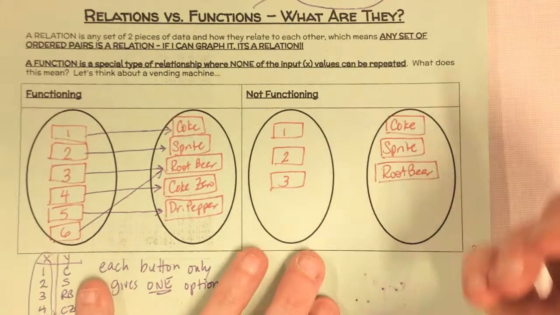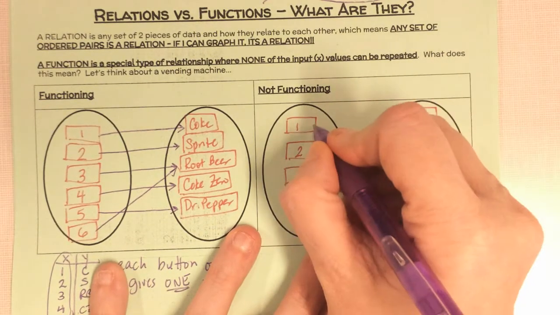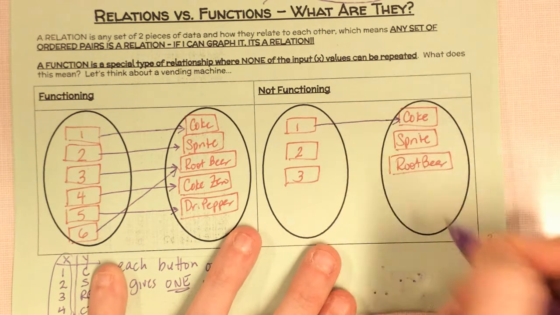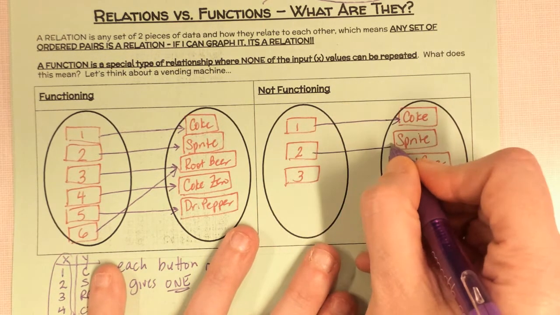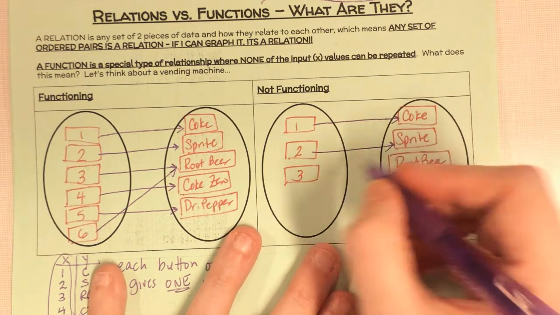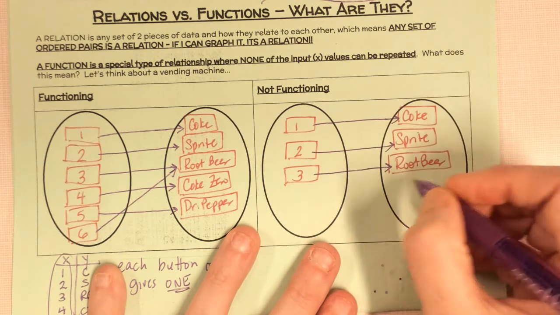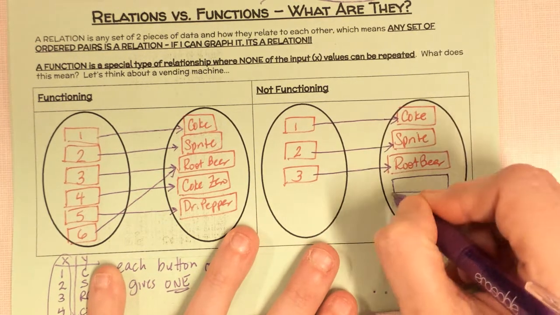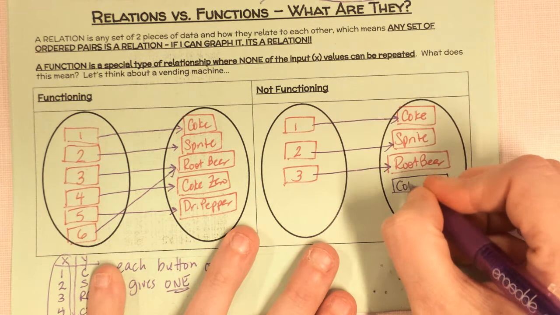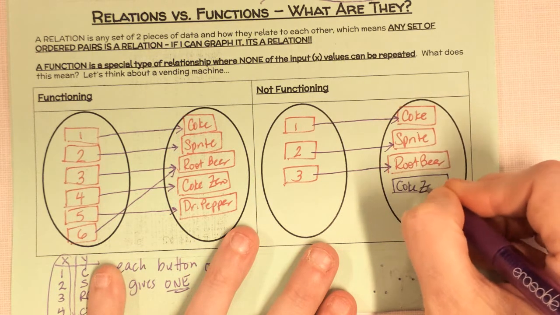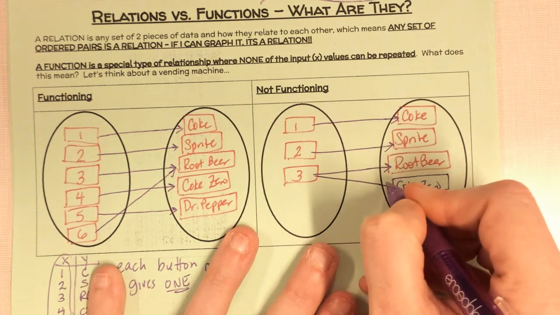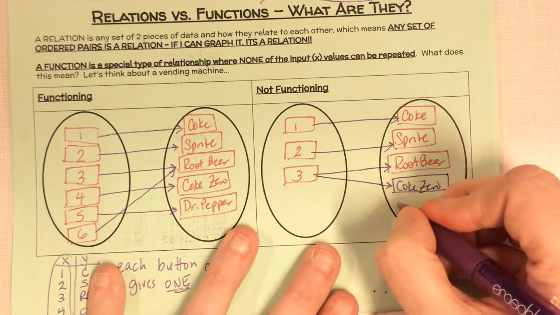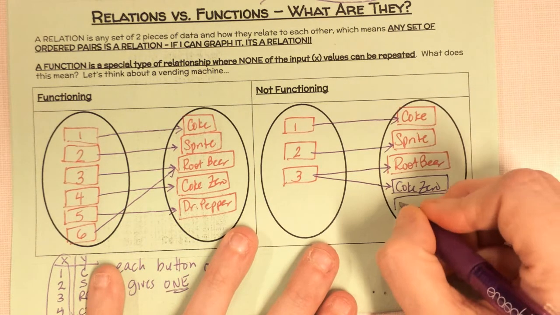Now, this Coke machine over here, not functioning. Let's talk about it. So far, this Coke machine looks good, right? If I push the 1 button, I get a Coke. 2 button, I get a Sprite. 3 button, I get a root beer, or I get a Coke Zero, or maybe I get a can of green beans.